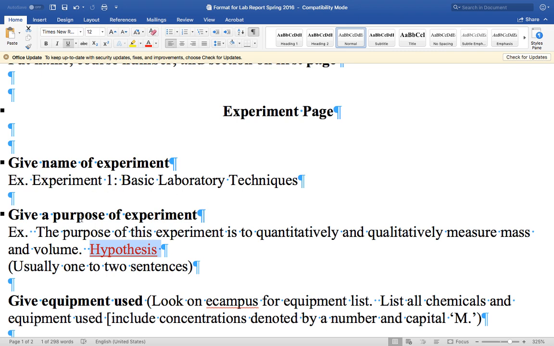The next heading should be purpose. And in the purpose, you just simply share with us why you believe that you're conducting this lab. Use one or two sentences. You don't have to go into great thought. Just simply provide us with a simple fact as to why you believe we're doing this lab.